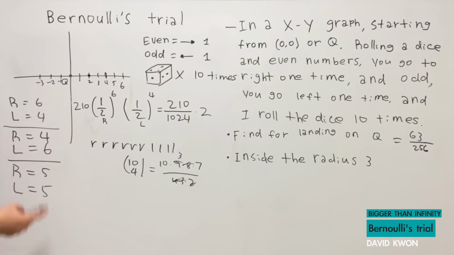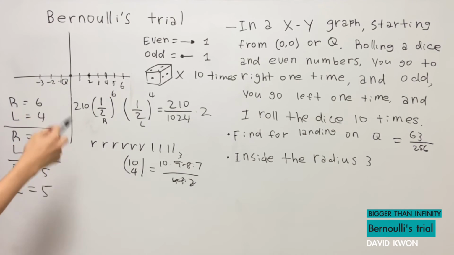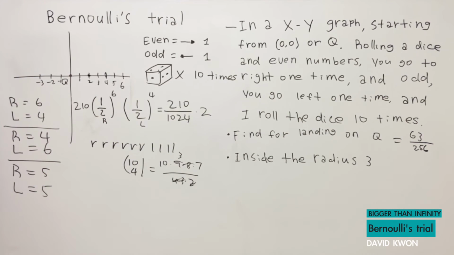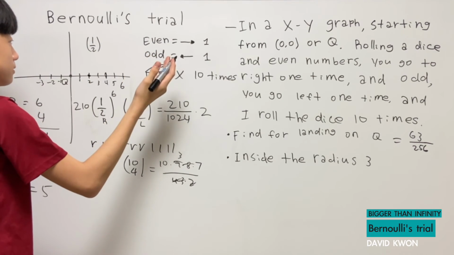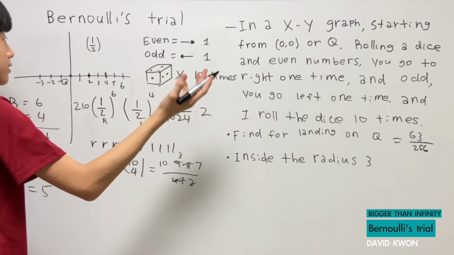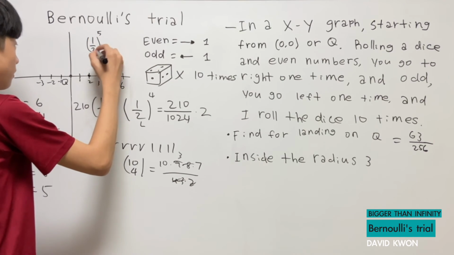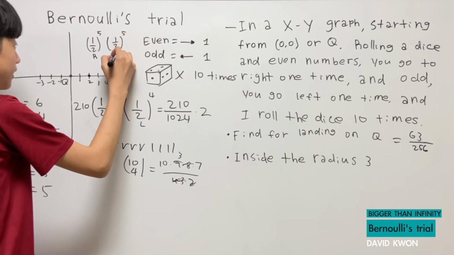Yeah, and this one, it goes right 5 times and left 5 times. I can cheat my way and just put that there, but that's just not right. So let's actually solve this one more time. Why not? It goes to the right 5 times, and going to the right, which is even from a dice, that's 1 over 2 to the power of 5. This meant for going to the right, and 1 over 2 to the power of 5, this meant for going to the left.